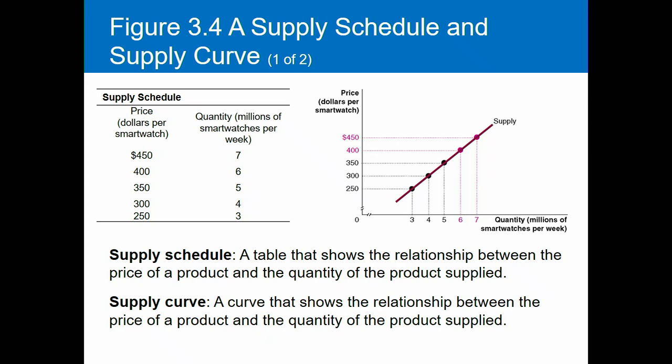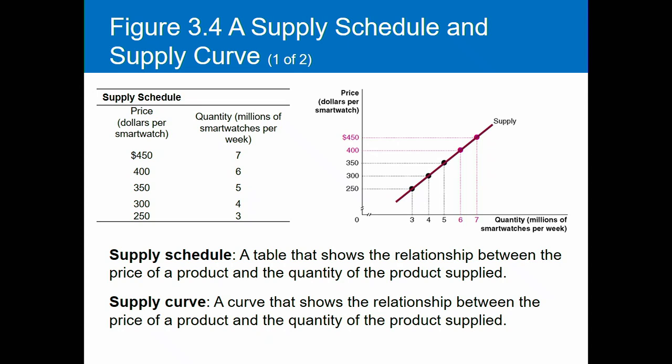Anyone hazard a guess why firms are going to be willing to supply more when the price is higher? They can make more money. But also, remember, resources have all these alternate uses. So the parts and the raw materials that they're buying to make these smartwatches can be used for other things.